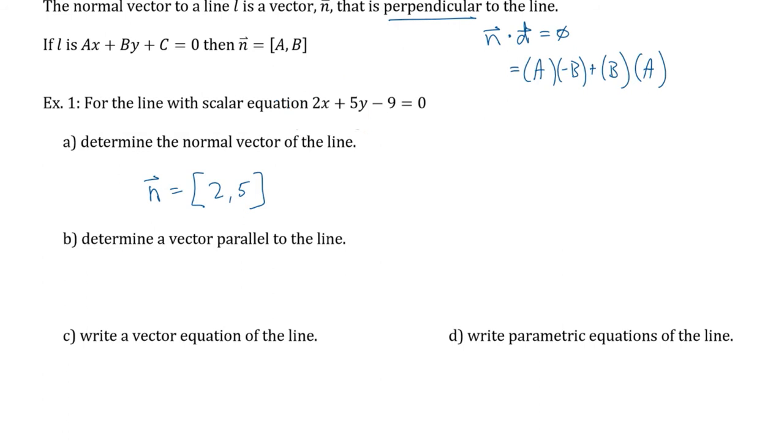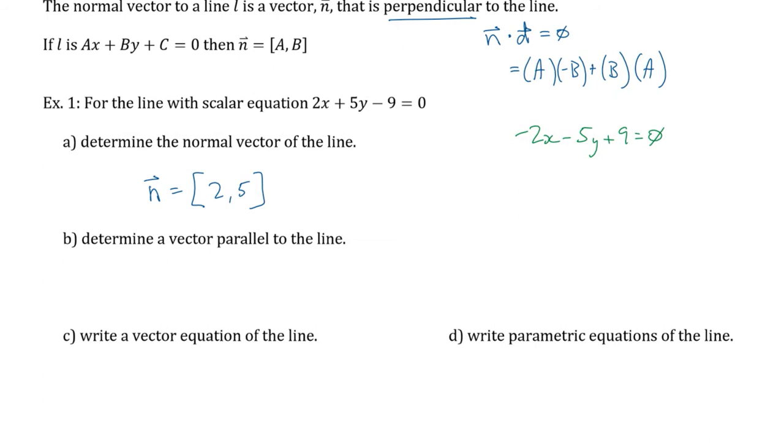Any scalar multiple of that is going to work as well. I could rewrite this equation as negative 2x minus 5y plus 9 equals 0, couldn't I? And then the normal would be negative 2, negative 5. So again, there's not necessarily going to be one answer to this. This is the natural one that we're going to use, because why would we change it? But we can have scalar multiples of this if for some reason we need to.